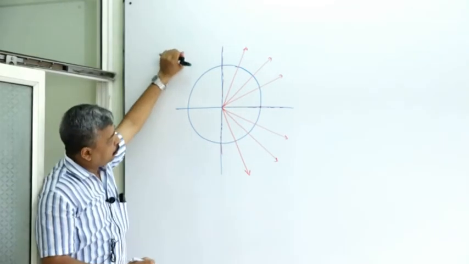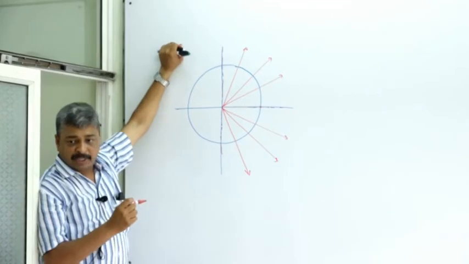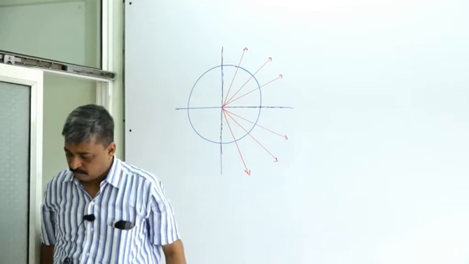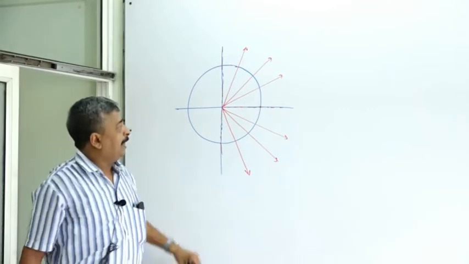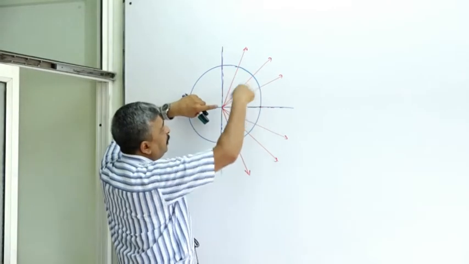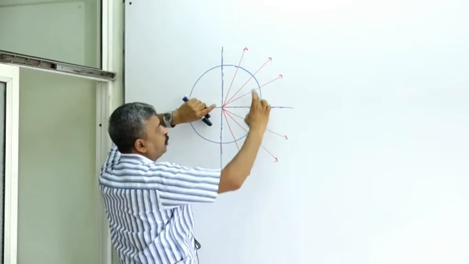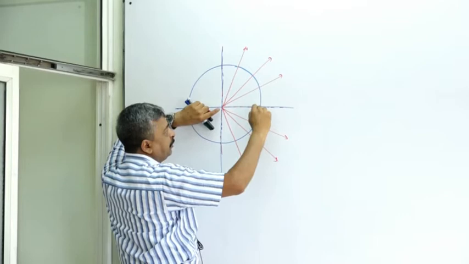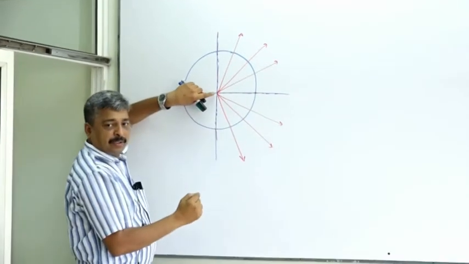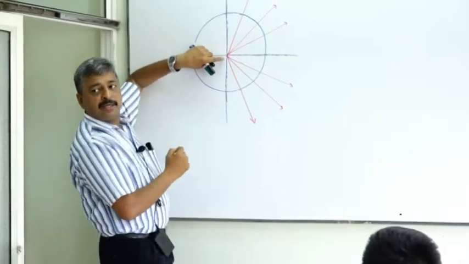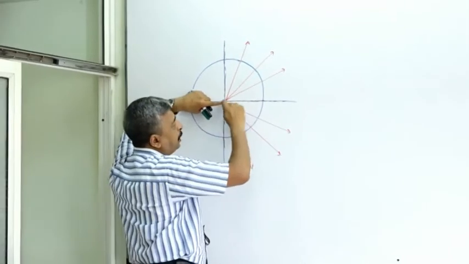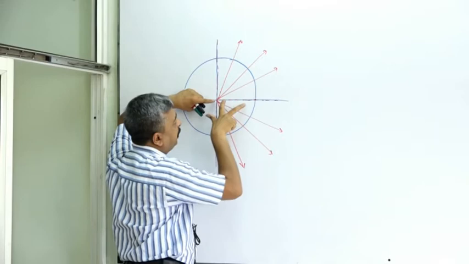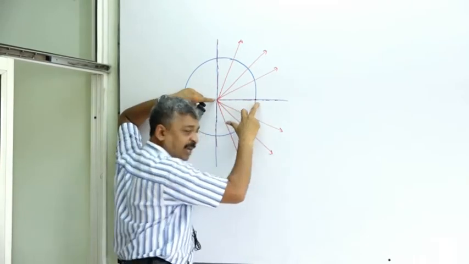So these are the positions of standard terminal rays that I have drawn. And now every terminal ray in between will give me some values. Say if I draw a terminal ray here, the sine value will be between 0 to half. Understood or not? If I draw any terminal ray over here in between, then the cos value will be between root 3 by 2 and 1.